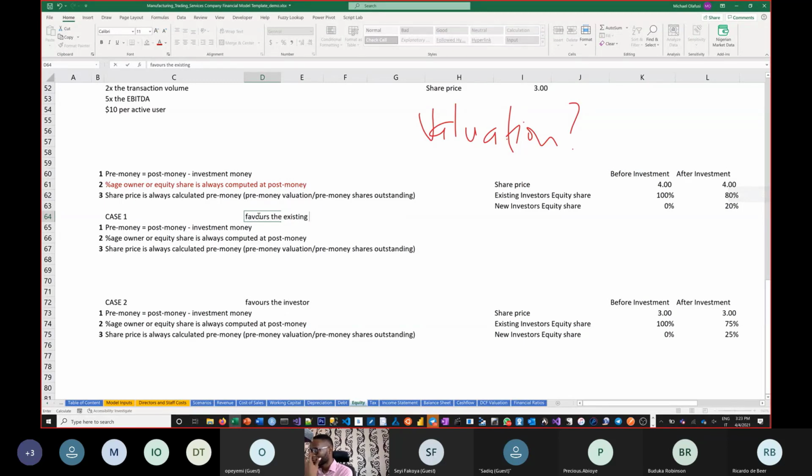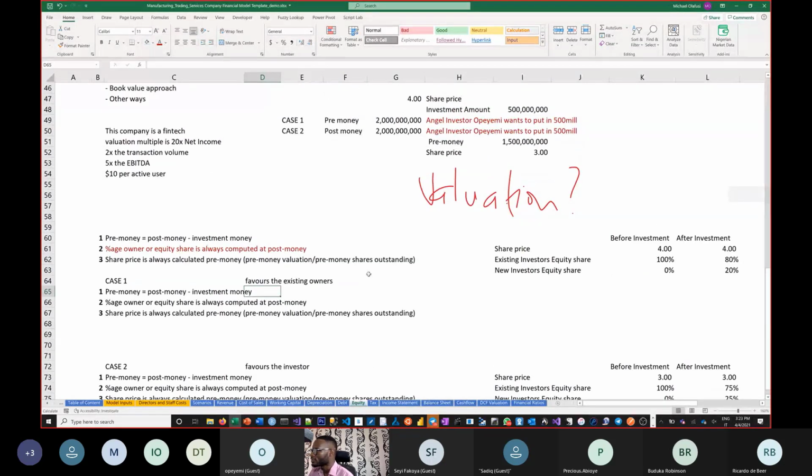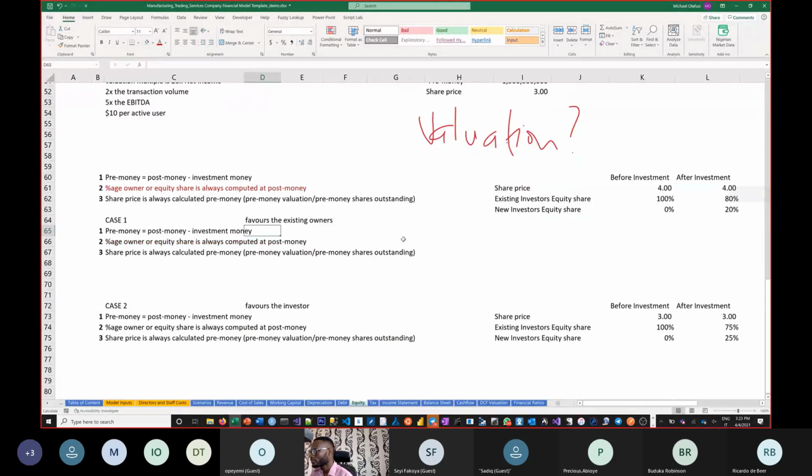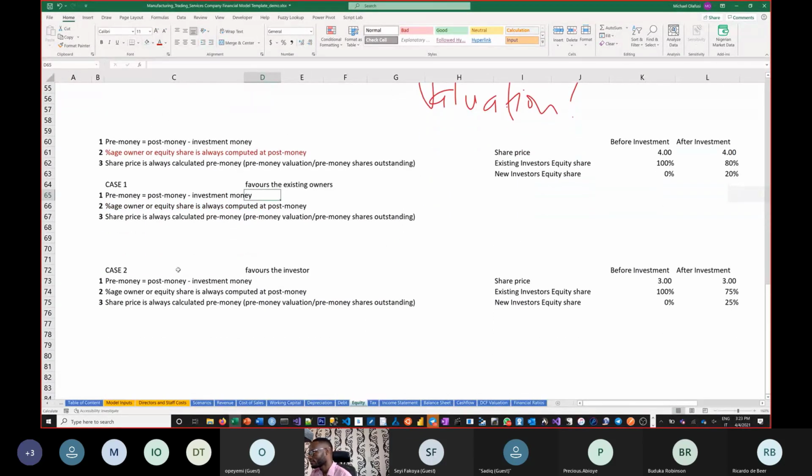So that's how usually you find all of this. You will notice that a lot of times when VC firms are going to invest in your business, they will say, you know what, we are valuing your business at this amount, but we are doing it on a post-money basis. Why? Post-money favors them.